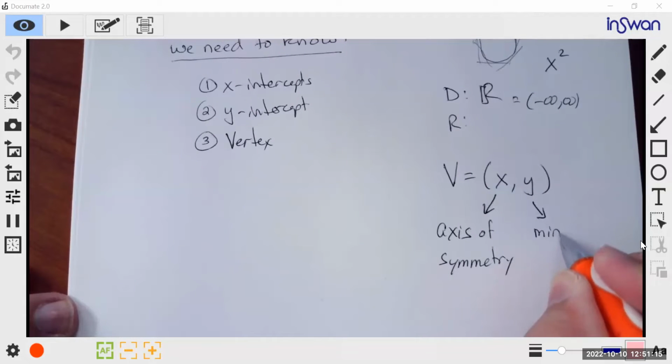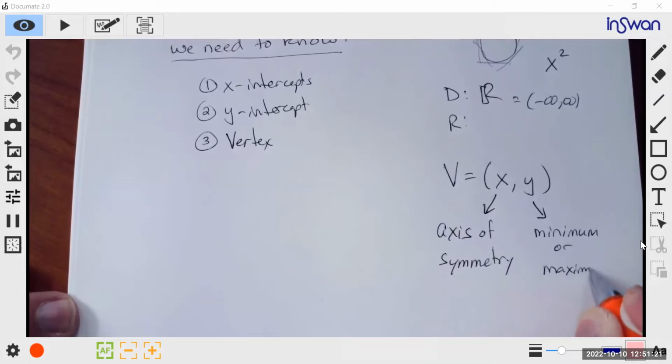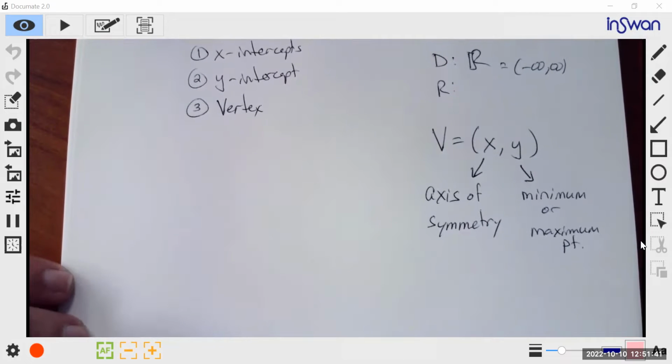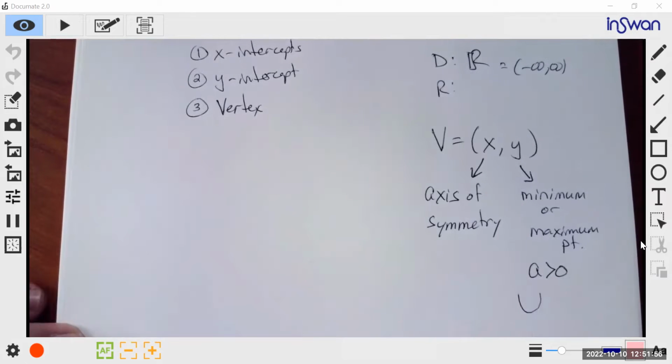The y value is your minimum or maximum point. That's either the lowest or the highest point your graph will reach. What determines whether it's a maximum or minimum? If A is positive, well, I'll show you, we'll talk about what A is in a second. The graph opens up.